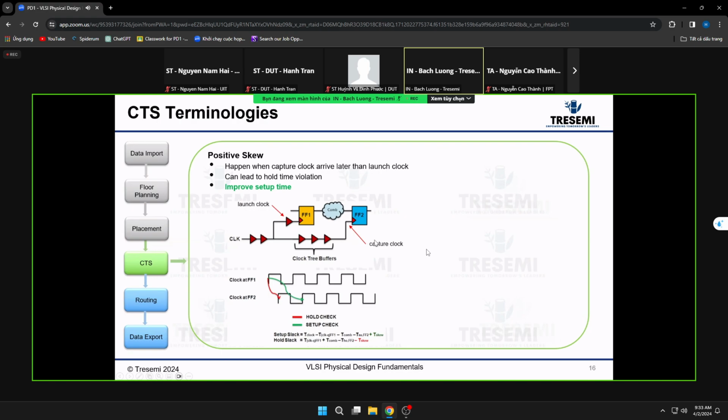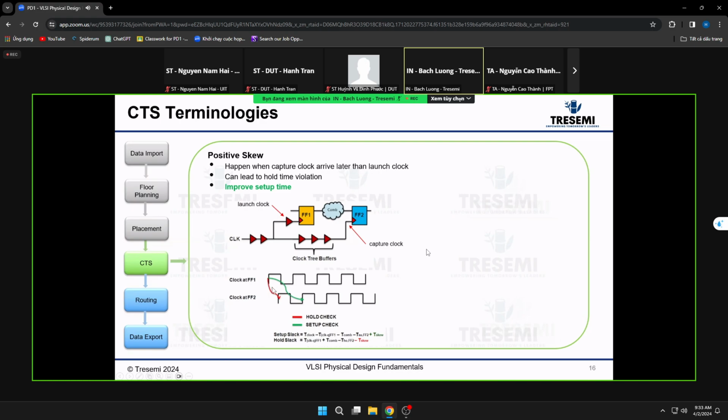So you take the capture minus the launch. Remember, that's the skew for the 2 flops. If that number is positive, we call it positive clock skew, meaning that the capture clock arrived at a later time than the launch clock. Here is the waveform representation. Clock at flip-flop 1 starts at 0.0, and at some later time there's a delay, and it arrives at flop 2.